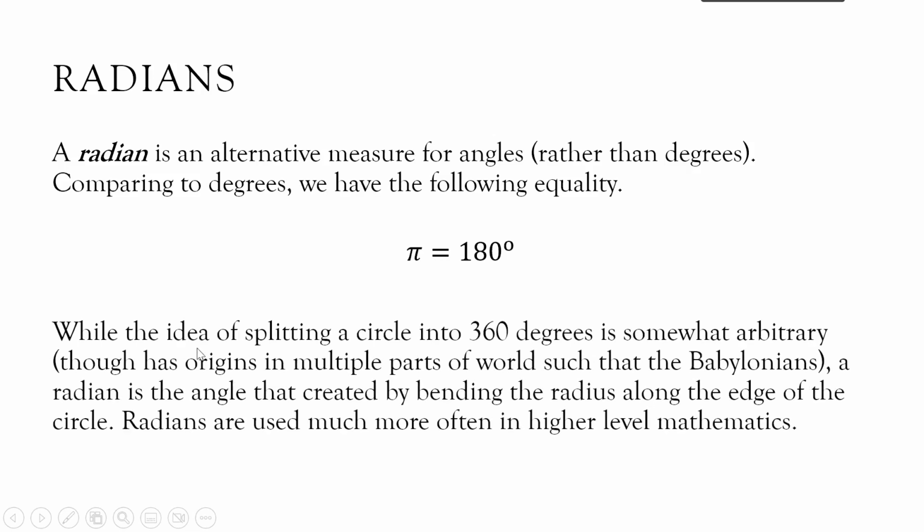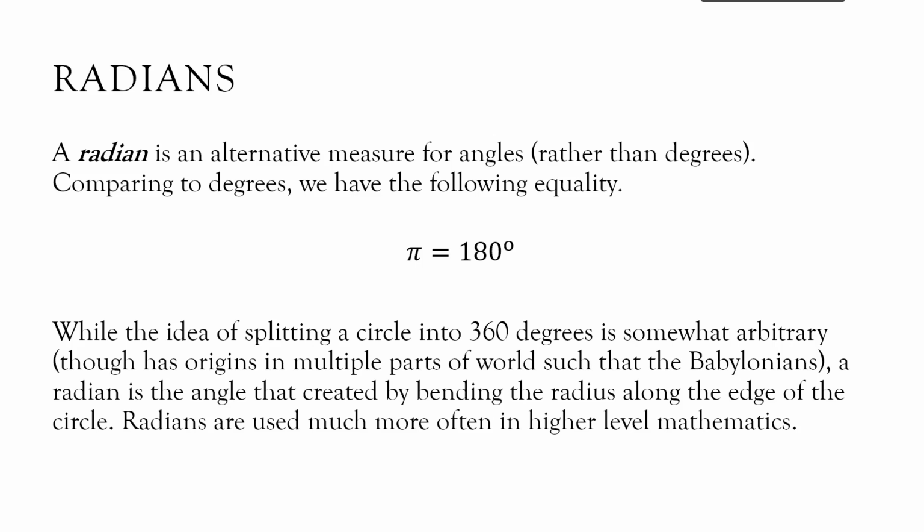Before we go ahead and talk about that, one little bit of background about this radian measure. Whenever we think about a circle being split into 360 degrees, it is a little bit arbitrary. There are some reasons behind it. There are some origins in multiple parts of the world, probably the most popular origin being the Babylonians.